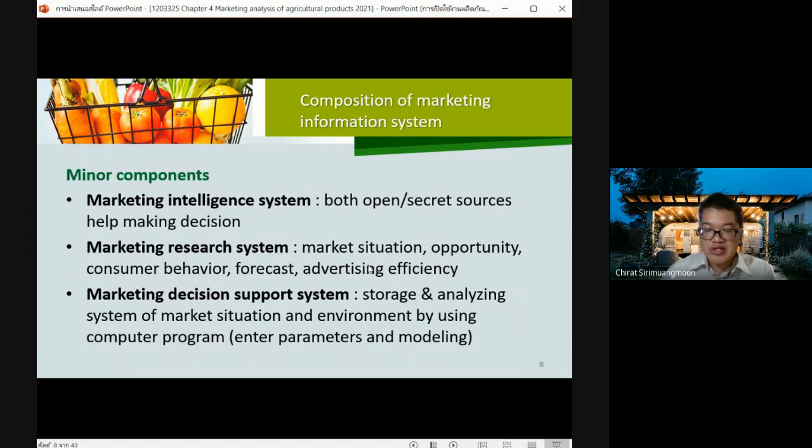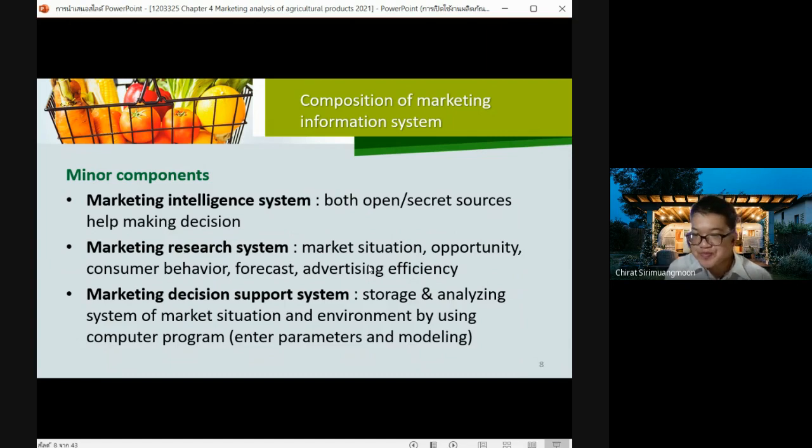So the marketing research system is the system that's composed of the marketing research team. Your team is going to be a group of people who study the market situation, what will happen for this type of agricultural product on the market.